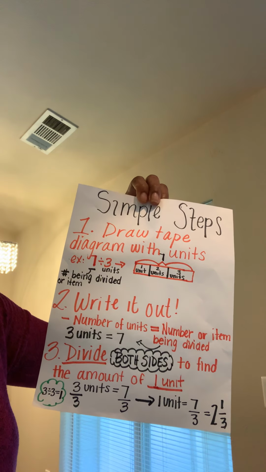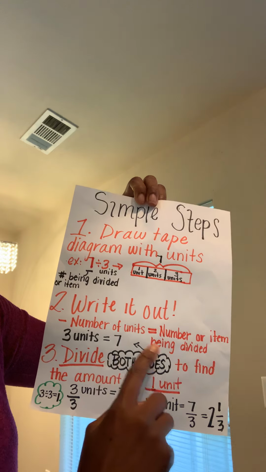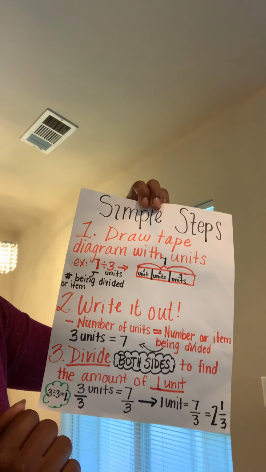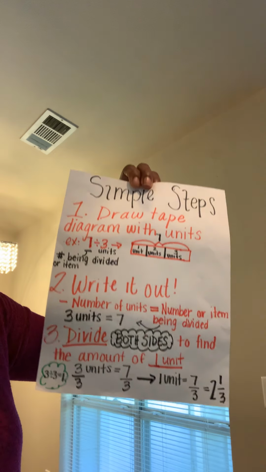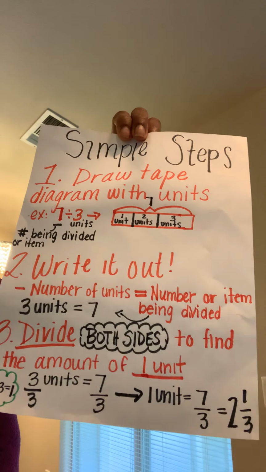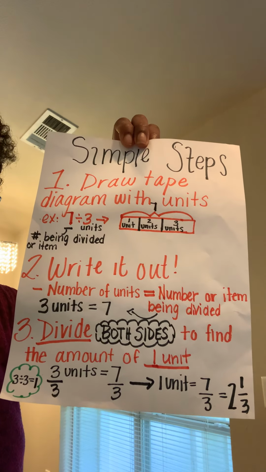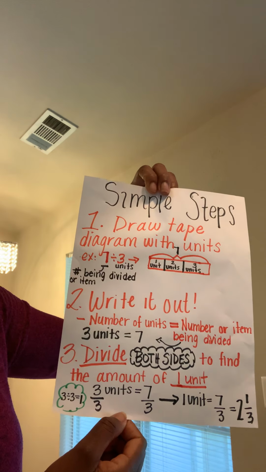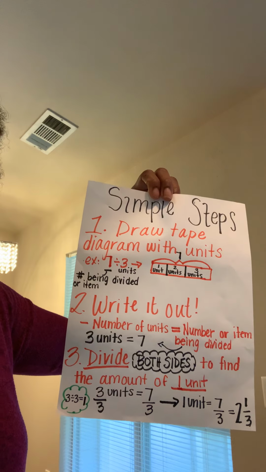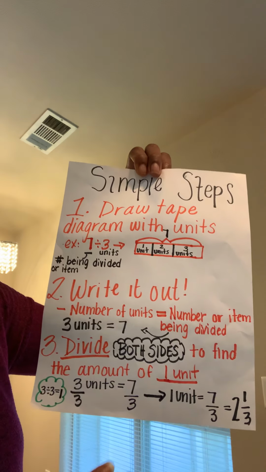And when I say divide, you're going to be dividing both sides to find the amount of 1 unit. Okay, we all know that if you divide a number by the same number, you're going to get 1. And that is how we're going to break it down to figure out how much 1 unit is.